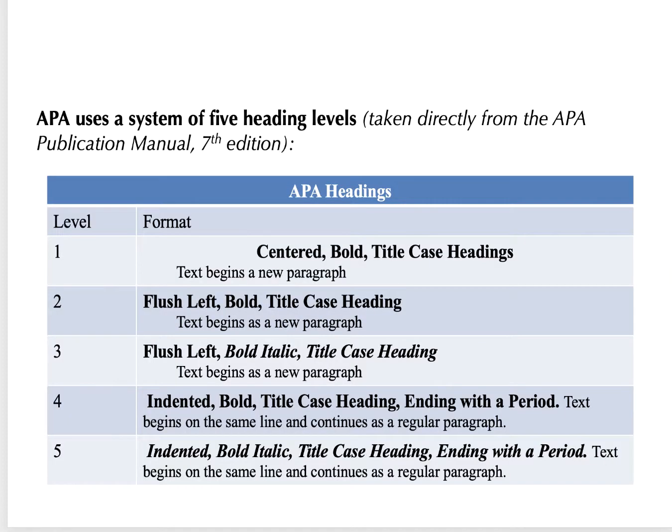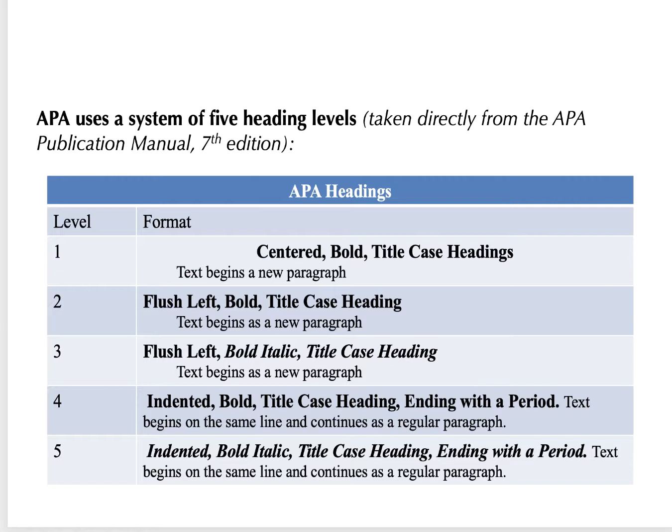So APA does use a 5 heading levels system, level 1 through 5. You can see the first one, level 1, is centered, bold, title case headings. The second one is flush left, bold, and the third one is flush left but italic. The fourth level is not flush left but indented, and it's bold, and the fifth one is again indented but italic.